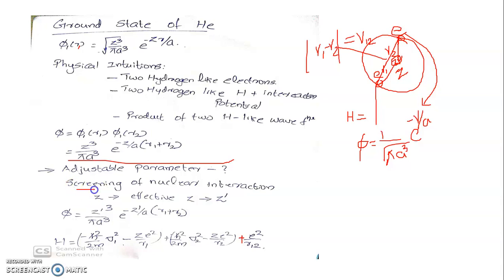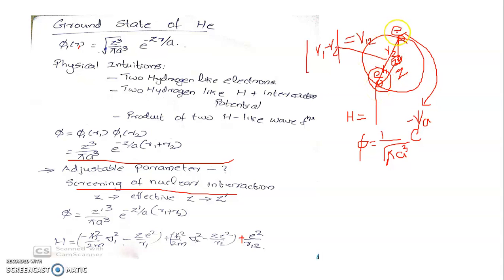Yeah, it is the screening of nuclear interaction due to the presence of the other electron, as far as any particular electron is concerned. See, we already have an electron here, and if we are assuming that there is only one electron in the species, then this electron will not be suffering any repulsion from the other electron. This will cause a single attractive pull from the nucleus on the electron.